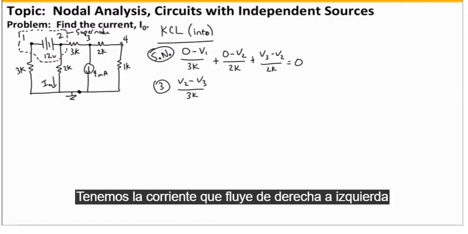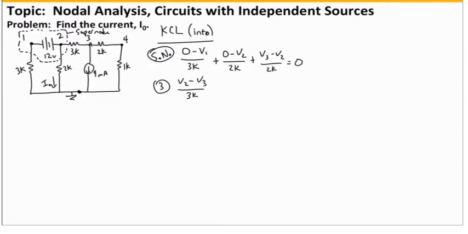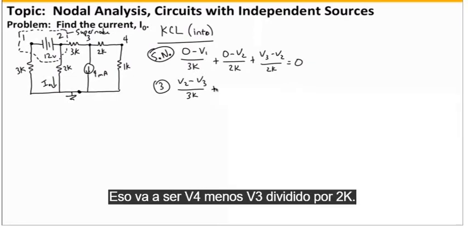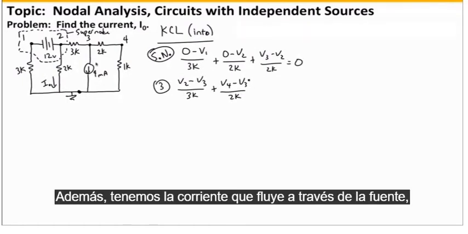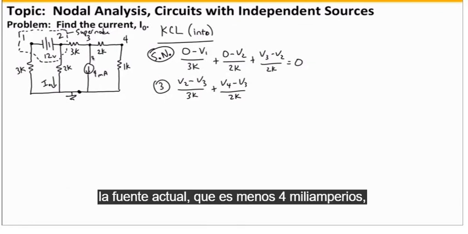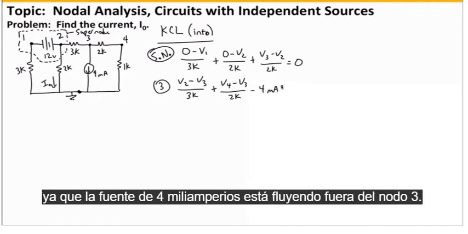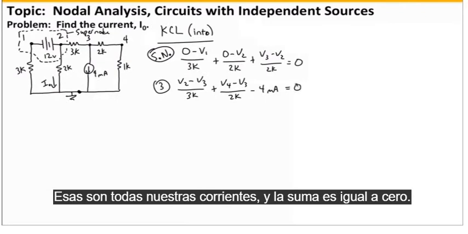We have the current flowing right to left from node 4 to node 3, which is V4 minus V3 divided by 2K. Plus we have the current through the current source, which is minus 4 milliamps, since the 4 milliamp source is flowing out of node 3. That's all of our currents, and the sum is equal to 0.